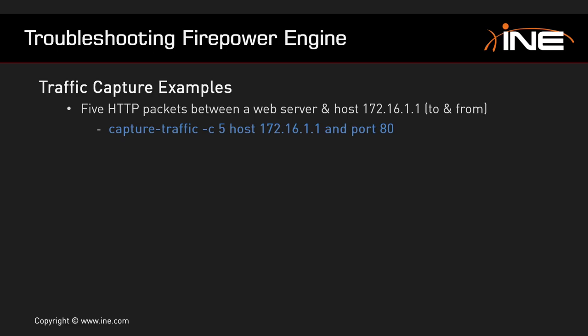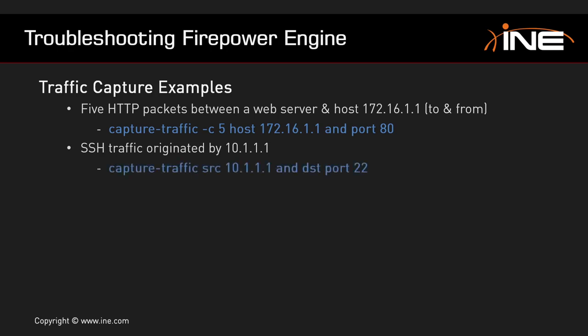I want to look at this single IP address and this single port number. So if this information is in the flow, I'm going to capture it. Versus if I only want to look at SSH communication originated by a client 10.1.1.1, I'm going to say that it's the source that's 10.1.1.1, and I will tell it that port 22 is my destination.